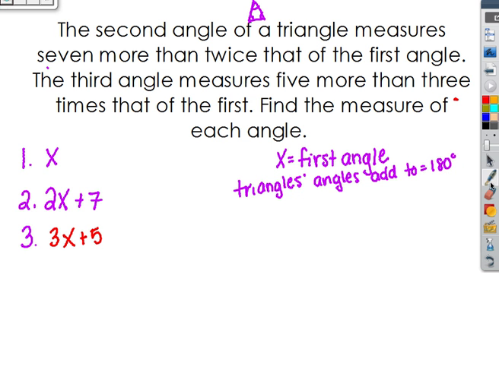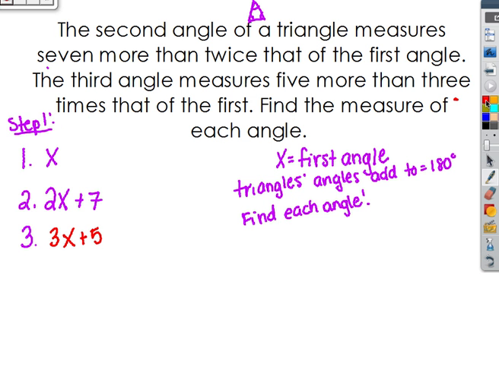Okay? And another thing I want to do is jot down the question that's being asked. So I want to make a point to say that I need to find each angle so that I can make sense of my answer at the end. Alright, so that's what my step 1 should look like in my word problem solving chart.